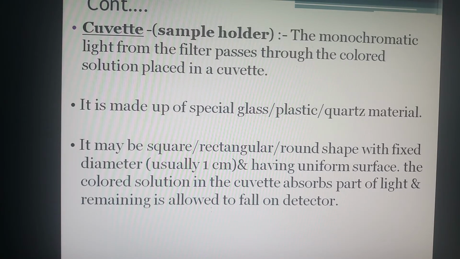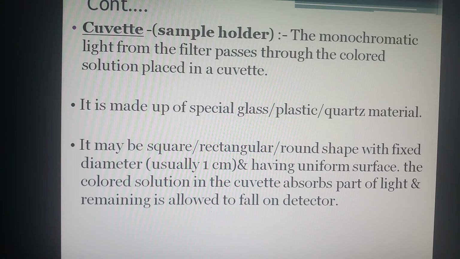For the cuvette, the analyte is taken in the cuvette, which is placed in the sample holder, where the monochromatic light interacts with the sample. The cuvette is made of special glass, plastic or quartz material.